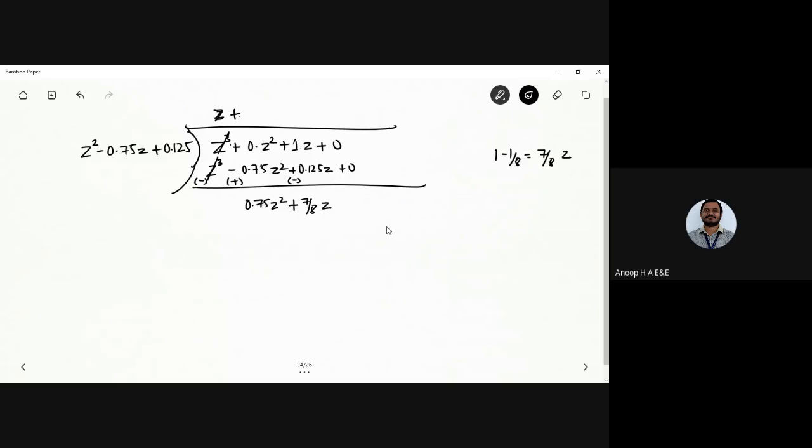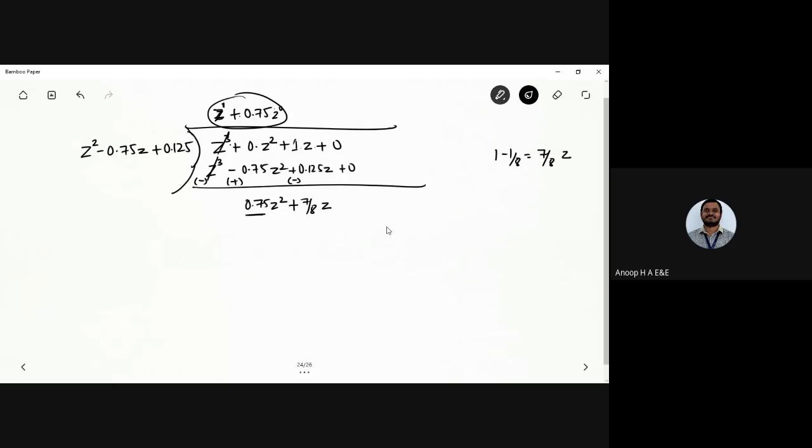So z squared is here, and here you have 0.75 z squared. So what needs to be done? 0.75 into, yes, so that is 0.75. z plus 0.75. If you observe here, z power 1 was there, and here z power 0. As you see, the power of z keeps on decreasing, and we are nearing the equation that we need.